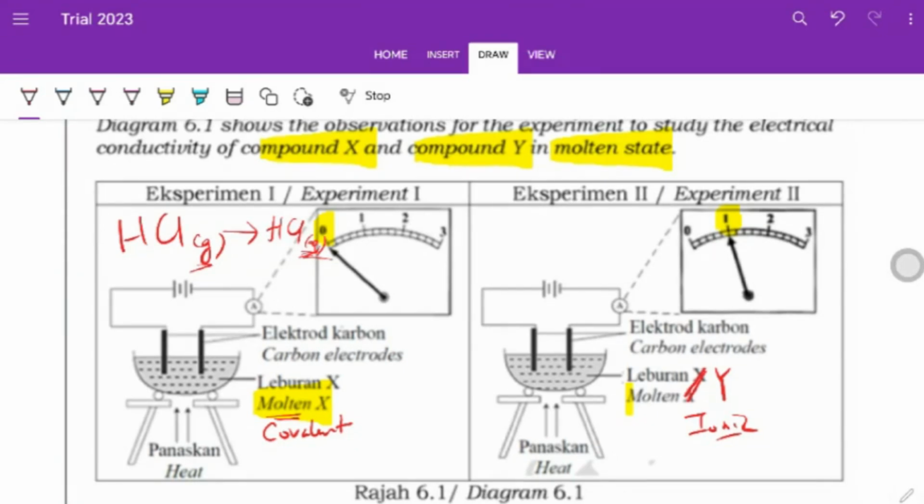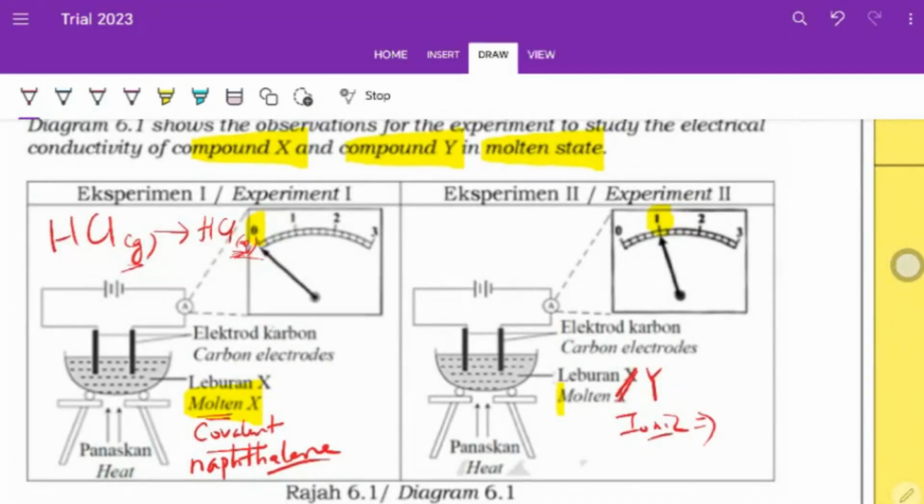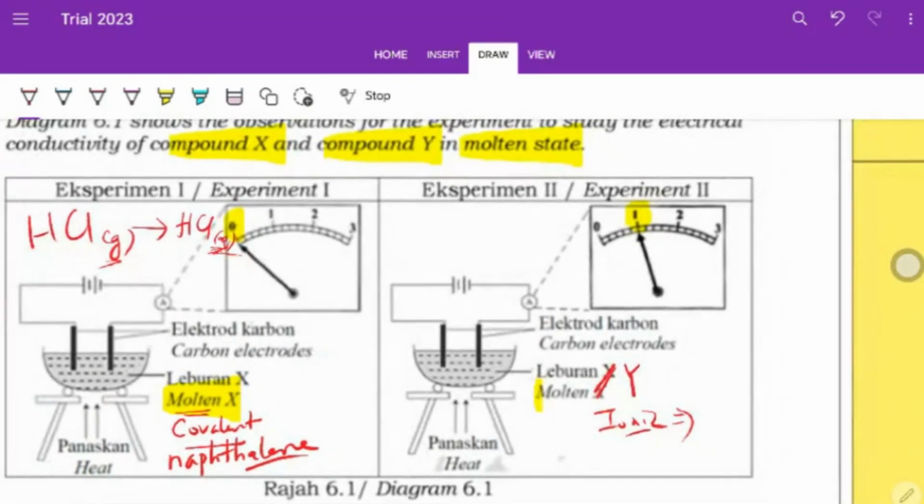For example, you can change it to a covalent one that we have done in the lab. Naphthalene, easiest. Then for ionic, what example do we use?